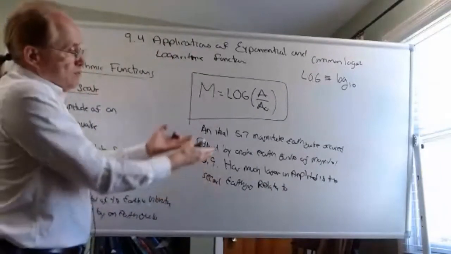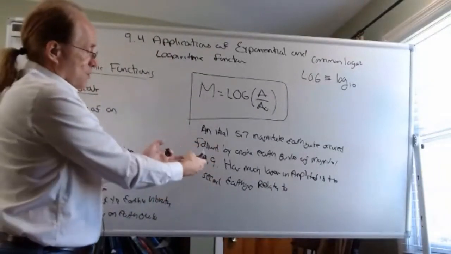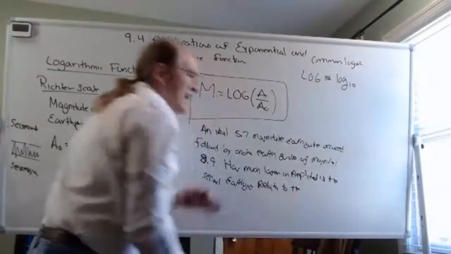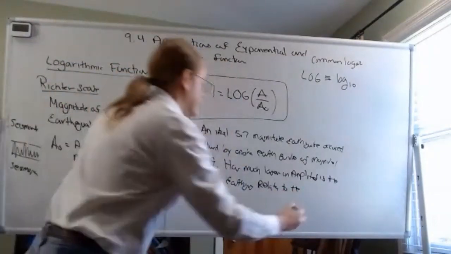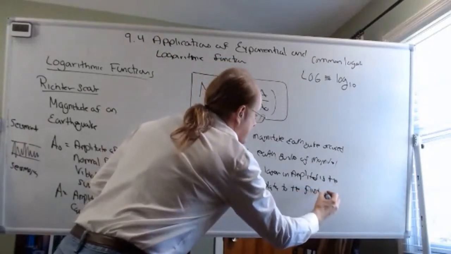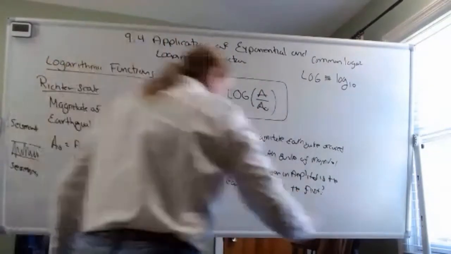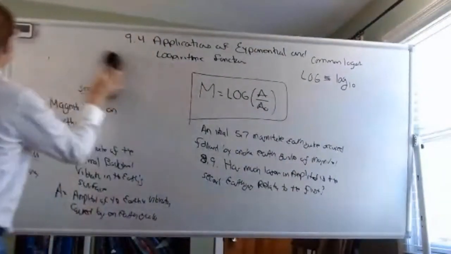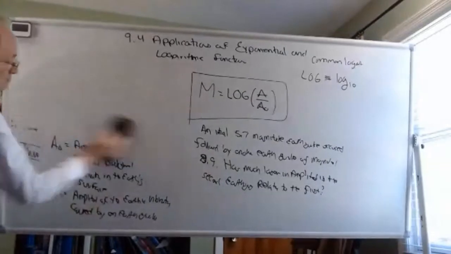Not the Richter amount. The Richter magnitude difference is just 3.2. But let's see the actual amplitude that's moving. Okay, let's see how we analyze this to give us our sense using our logarithmic model there.